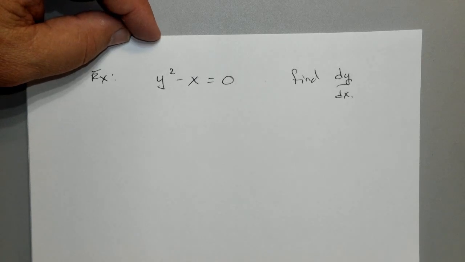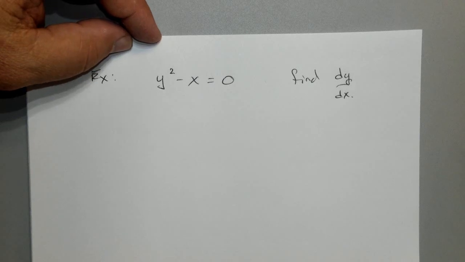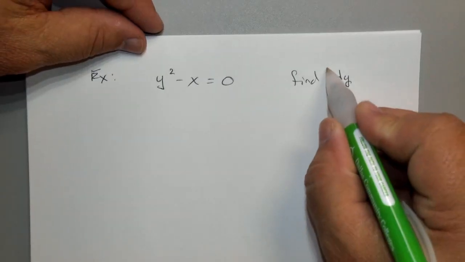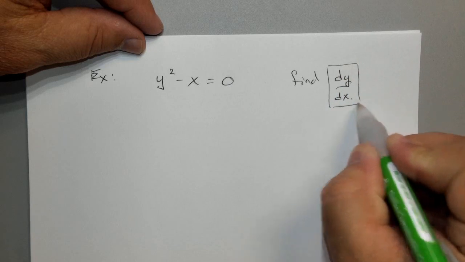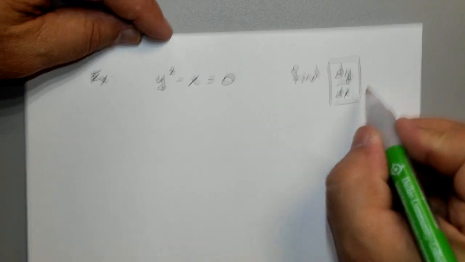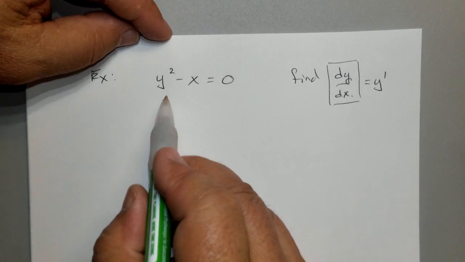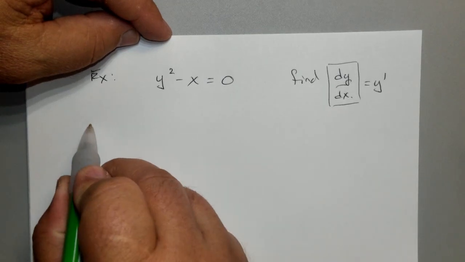We're first going to solve it the way we've done it in the past, and then we're going to teach you how to solve it implicitly, where x and y are both on the same side. Because remember, I'm asking to find that, which is the same thing as y prime. Okay.